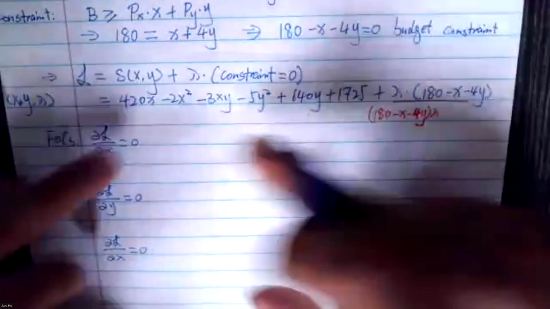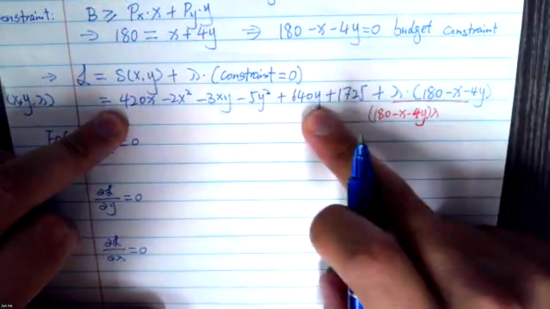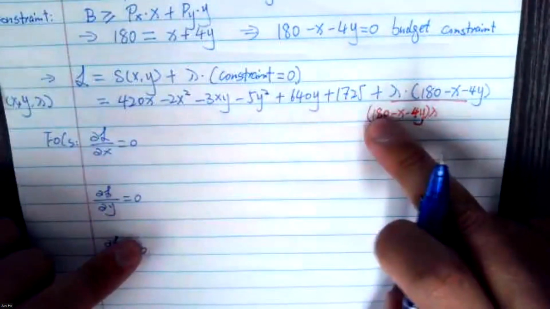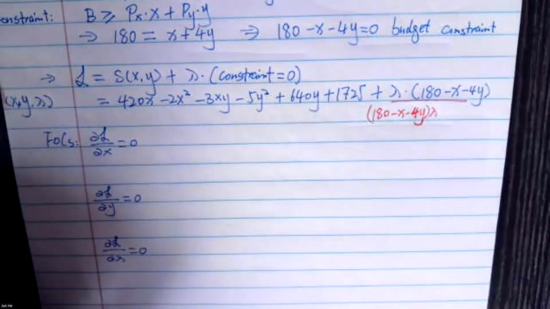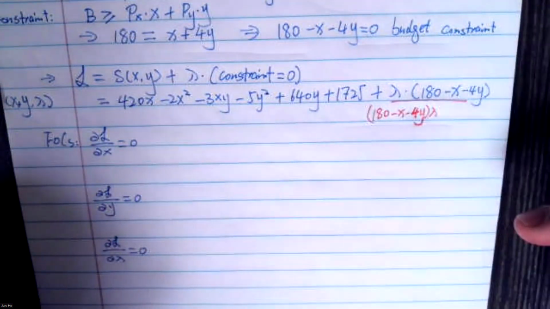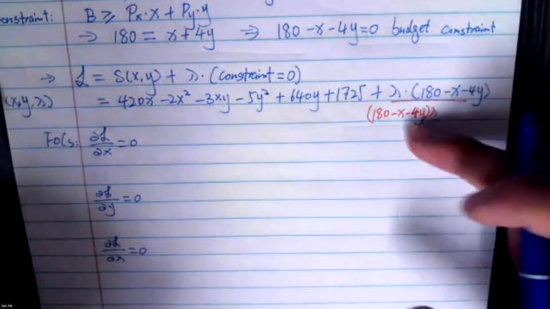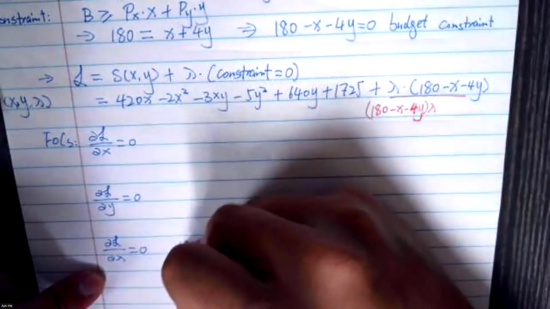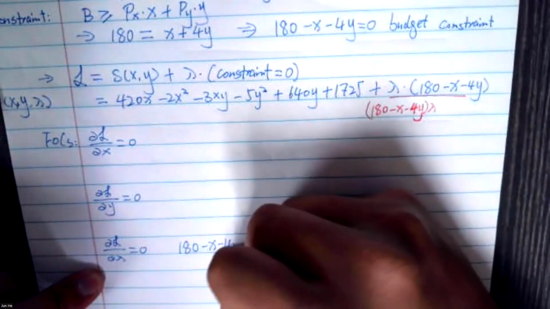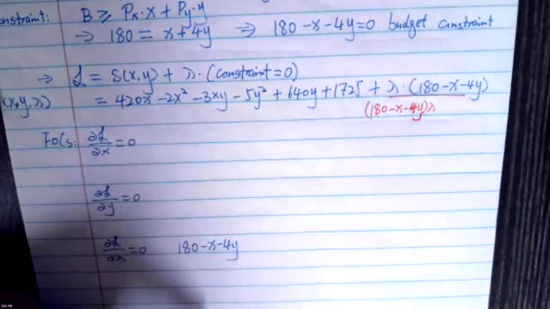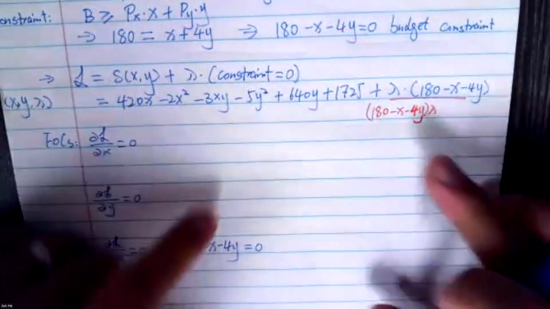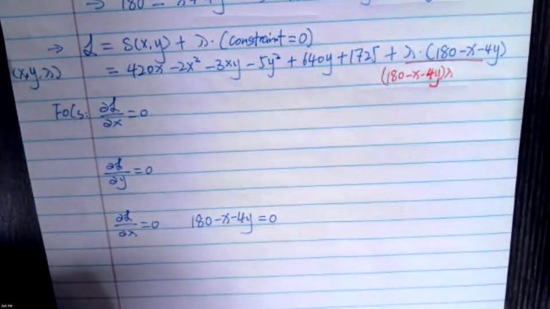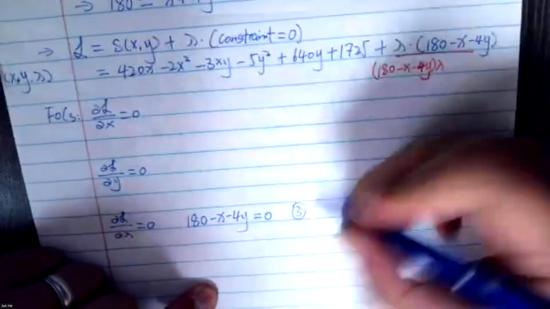As you're taking the derivative, the entire S(x, y) function has nothing to do with lambda, so we can ignore it. We can disregard it. We are only looking at the derivative of the last term, the product that includes lambda, to figure out the derivative with respect to lambda, which is 180 minus x minus 4y, and that equals 0, which means the constraint is binding. So that's good. Okay, that is your equation 3.